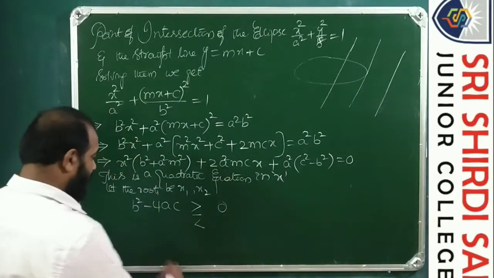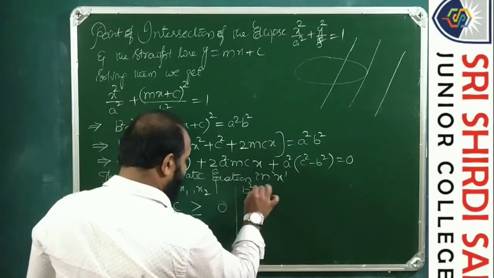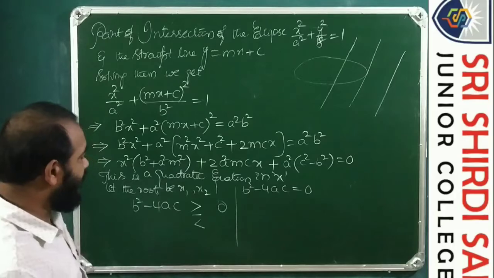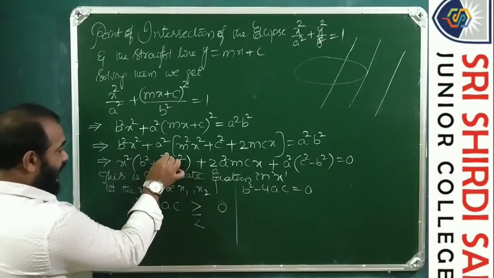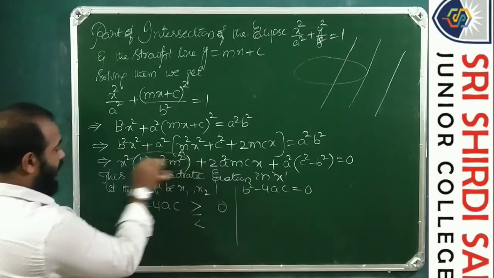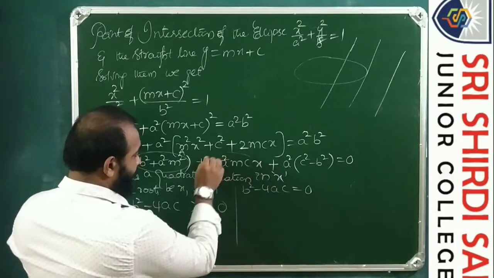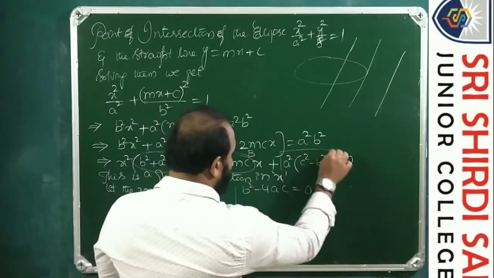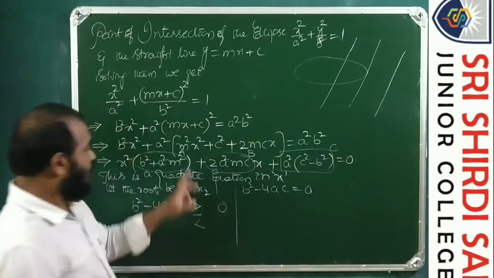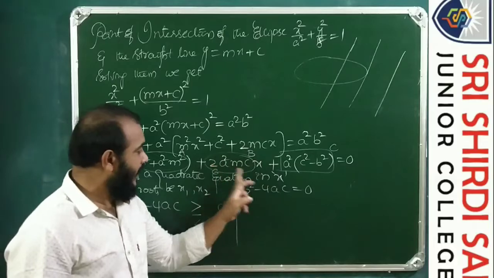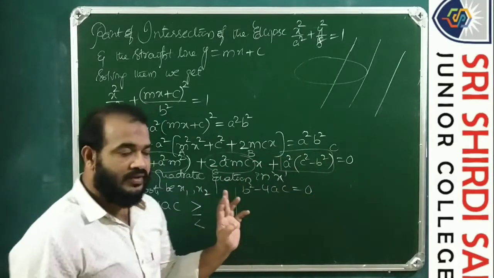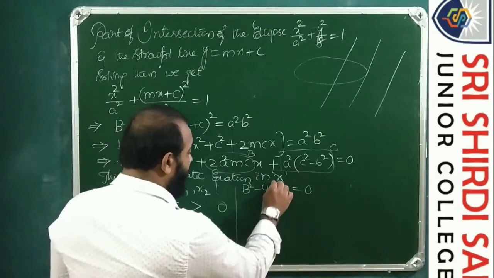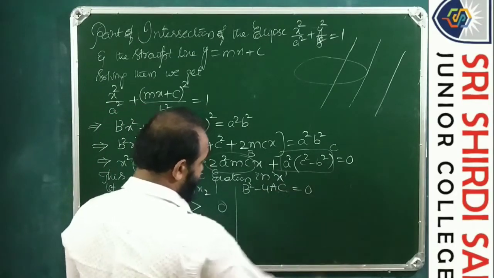The condition is b square minus 4ac equals to 0. Here the equation is ax square plus bx plus c equals to 0, so the discriminant is b square minus 4ac equals to 0.